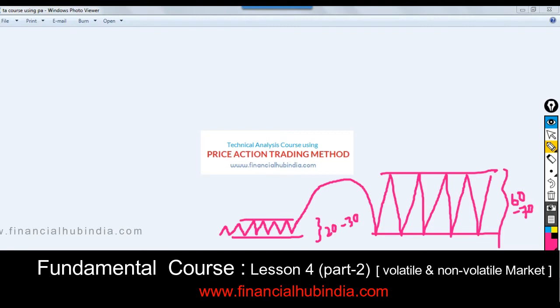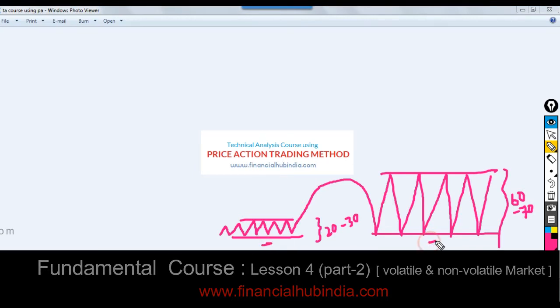What is the thing that changed suddenly? The range you see is bigger now. That is nothing but volatility. Nifty was not much volatile in the morning session. After one, we have started seeing the volatility over here. So here you can see this is a non-volatile market and this is a volatile market, right?